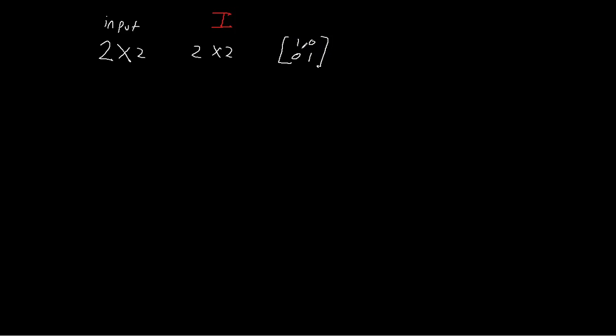Okay, so let's talk about what this looks like structurally. The identity matrix is basically just a matrix with ones along the diagonal and zeros elsewhere.